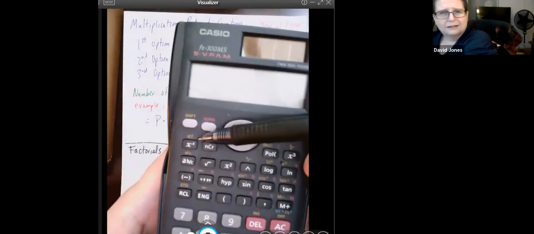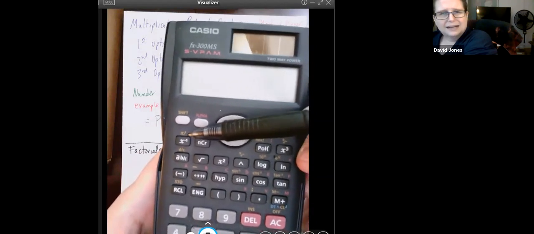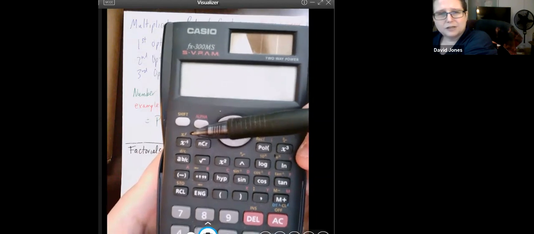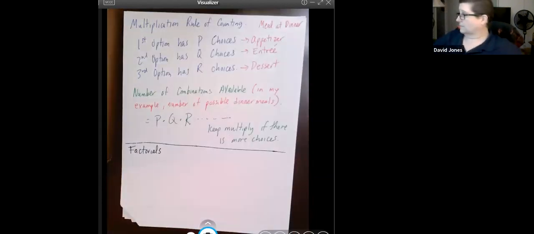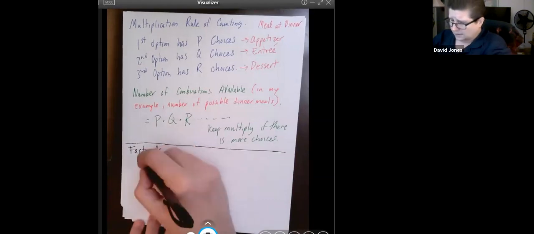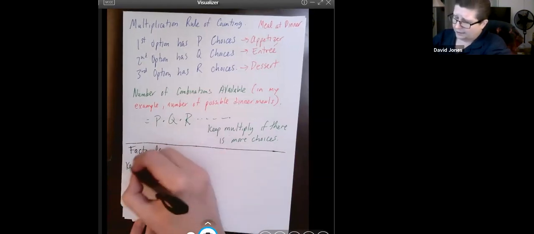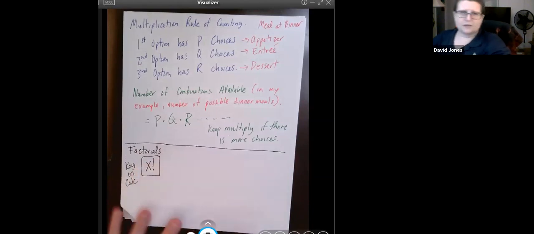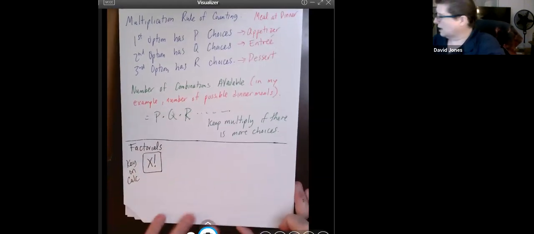It's the yellow letter right there. It's a value followed by an exclamation point. That's a key on my calculator. I have to hit shift on my calculator to get to it.